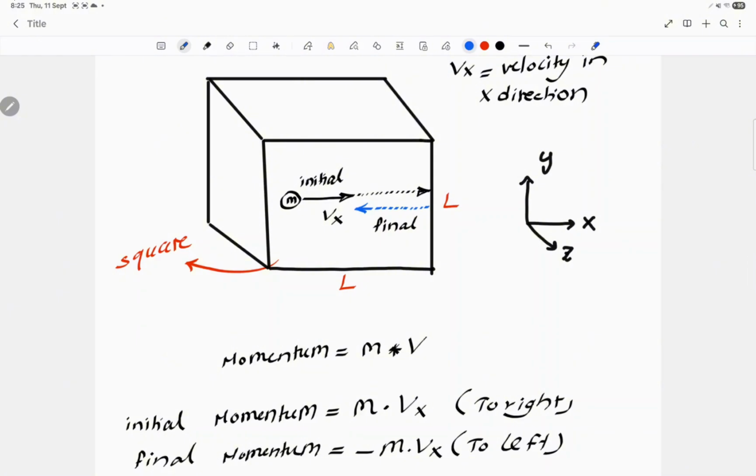You see, we're looking at a square because this is L and that's going to be L, and the area of the square is going to be side by side, which will be equal to L squared.